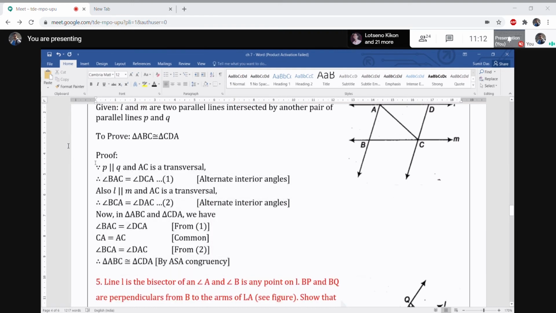If you don't want to write this thing here, you can write here also.